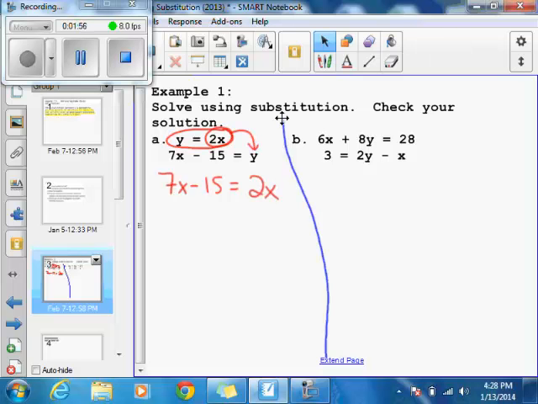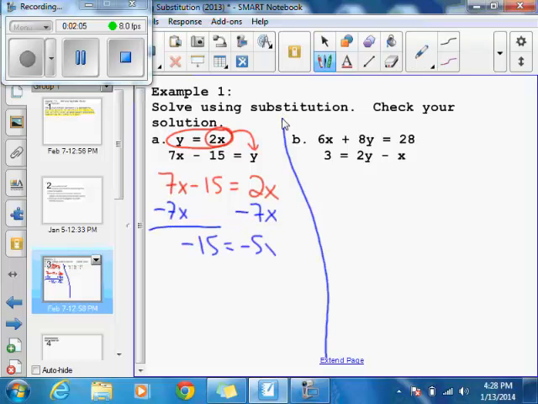Now this is an equation I should be able to solve. If I subtract 7x from both sides, I get negative 15 equals negative 5x. And then if we divide by negative 5, we get x is 3. Now if you remember yesterday, all of our solutions had an x-coordinate and a y-coordinate. So we need to actually figure out the y-coordinate.